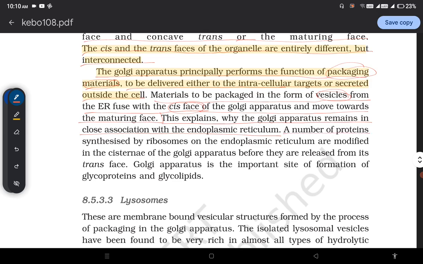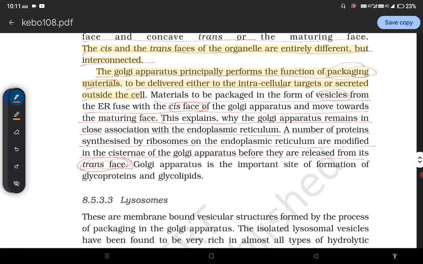A number of proteins synthesized by ribosomes on the endoplasmic reticulum are modified in the cristae of the Golgi apparatus before they are released from its trans phase.